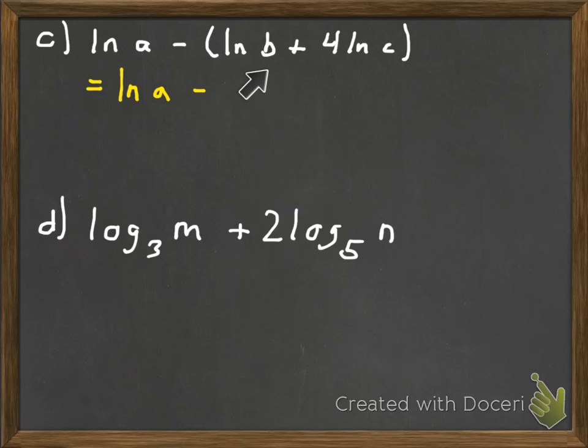Now that's going to end up being b times c to the 4th power as the index of this logarithm. See how that works? Made this a coefficient, and then I multiplied the two indexes together when I made the single logarithm. All right, then finally let's take care of that difference of two logarithms and make it into the logarithm of a quotient, and that quotient would be a over bc to the 4th power.